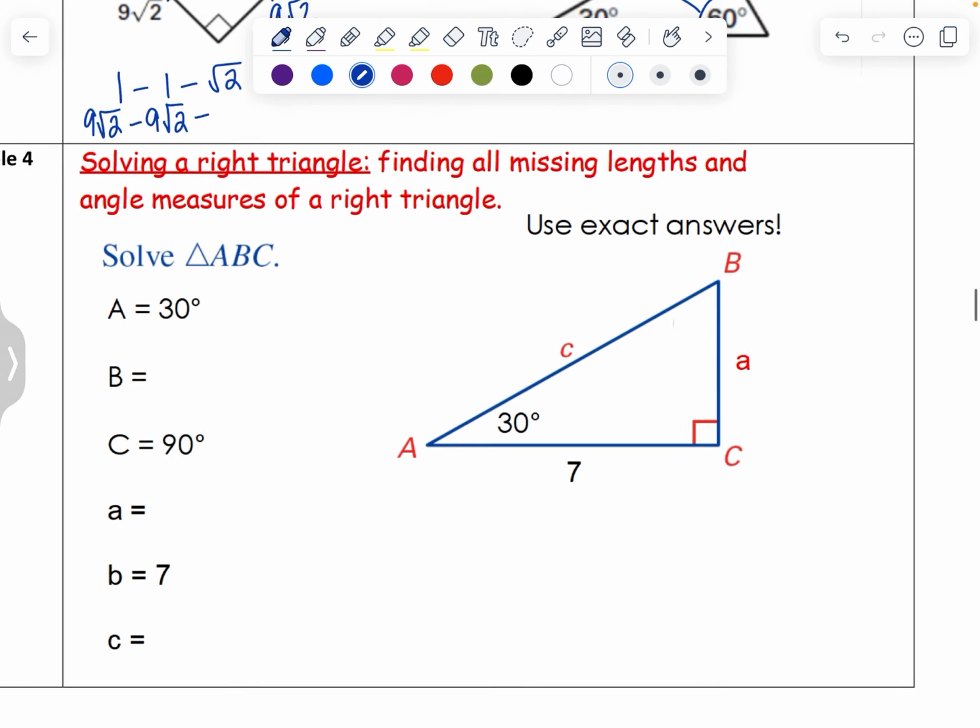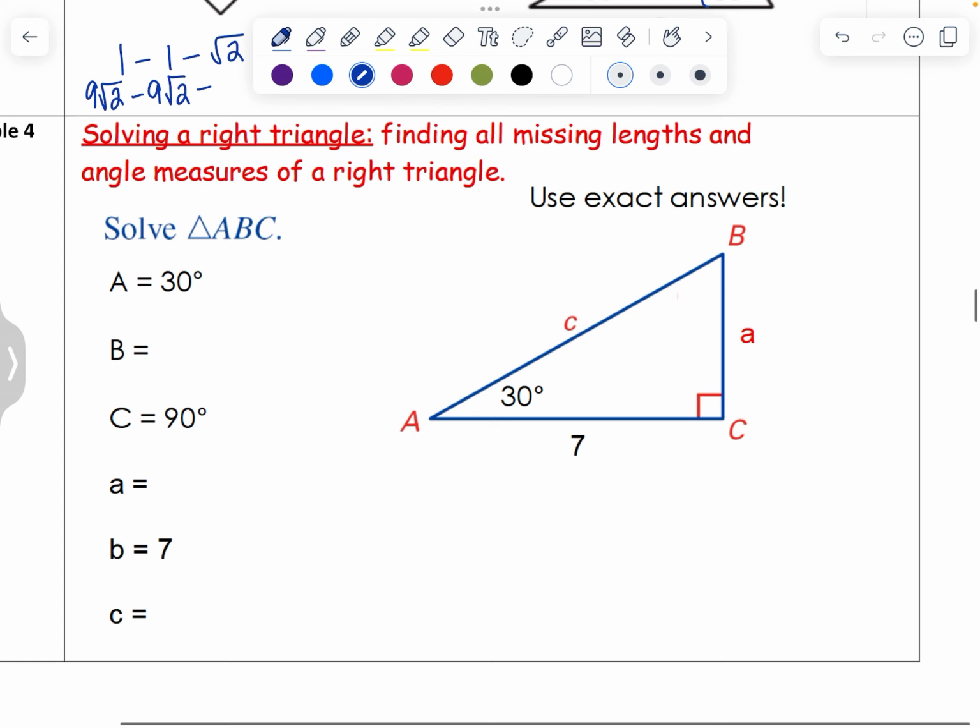All right, we're going to do it a few more times. So if you have solving a triangle, remember that's finding all of your missing side lengths. If you have a 30-degree angle, we know that the other angle has to be 60 because it has to add up to 180, and 30 and 60 make 90, and plus another 90 is 180. And then since it's a special right triangle, we want to find our exact answers.